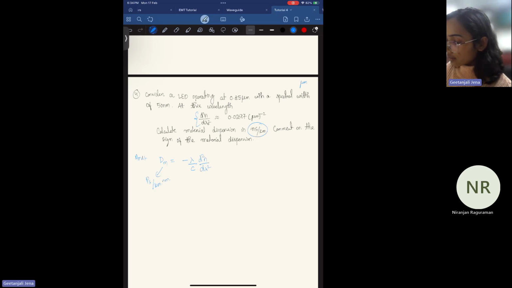So lambda is lambda 0, which is given as 0.85 micrometer, and d square n over d lambda square is also given, it is 0.0297 micrometer inverse.